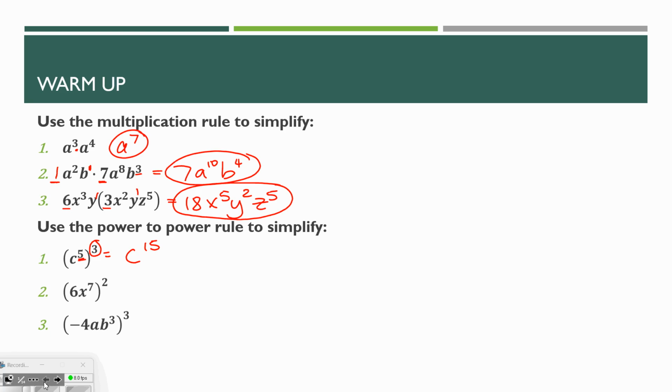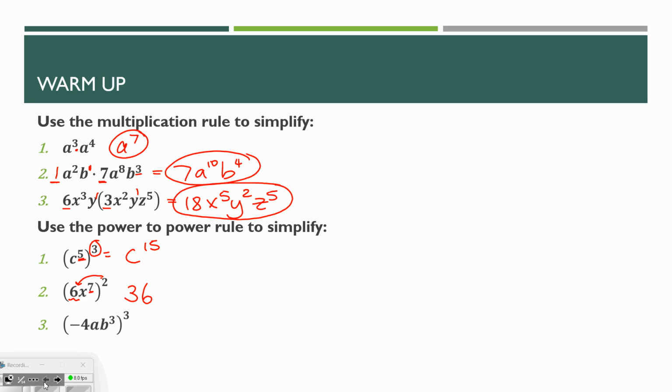Now the coefficients, this 6 here, I'm going to raise everything to the 2nd power. So 6 is not an exponent. The 6 is a 6. So 6 to the 2nd power, I'm sorry, I said that backwards. 6 to the 2nd power is 6 times 6, or in other words, 36.